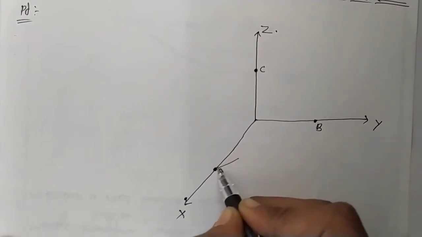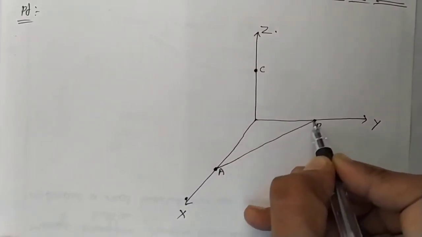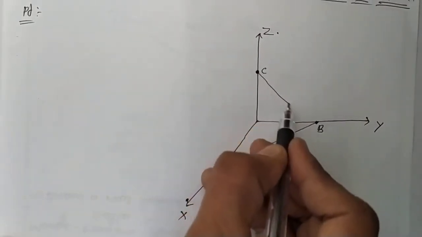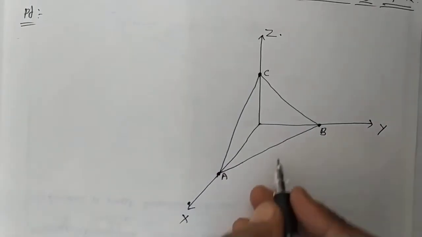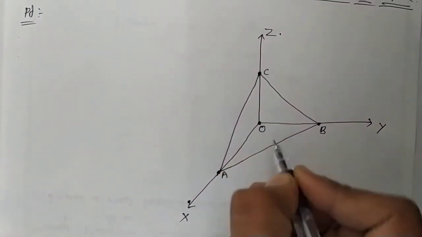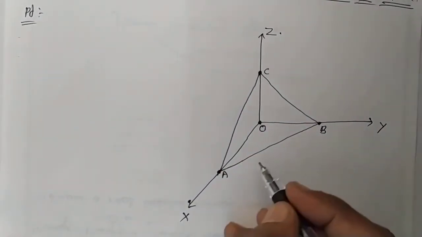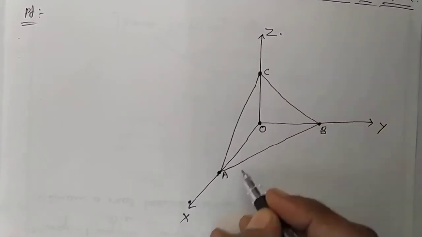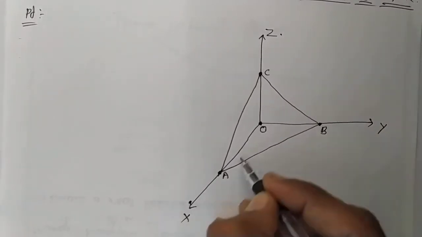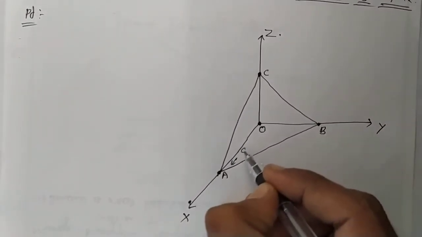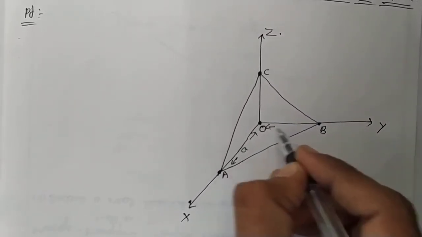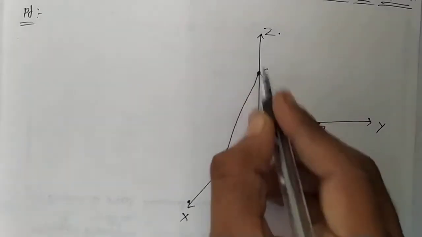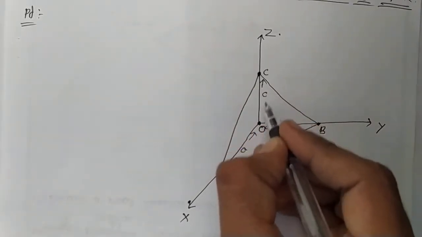These three points form a plane. This will be a plane. It is the origin. Now the intercept on the x-axis will be A, the intercept on the y-axis will be B, the intercept on the z-axis will be C.